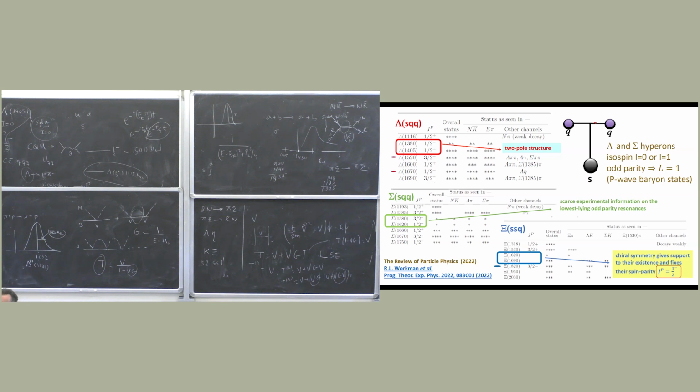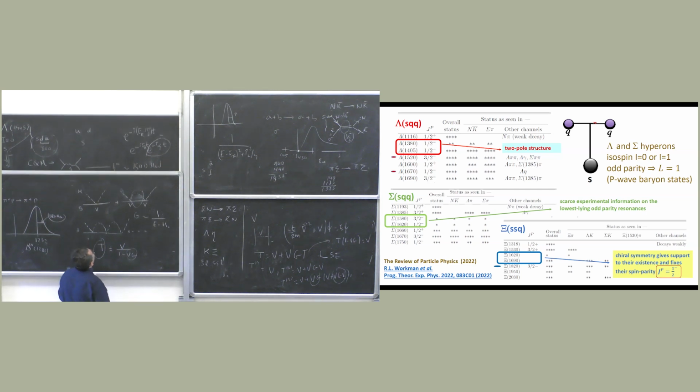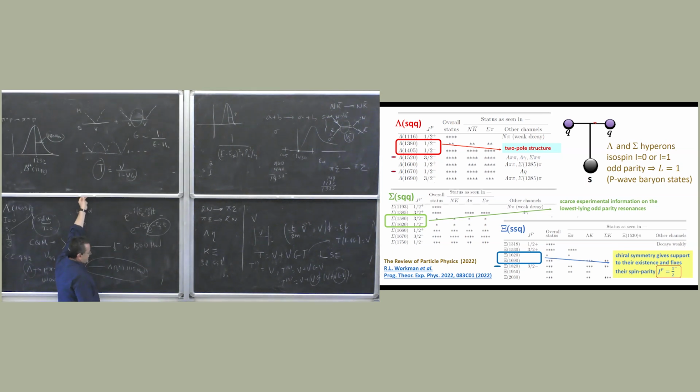Any volunteer? Anyone? That's going to be a bit difficult, eh? But Feng-Kun was talking about Riemann sheets of T, and he was talking about poles of the T matrix, right?